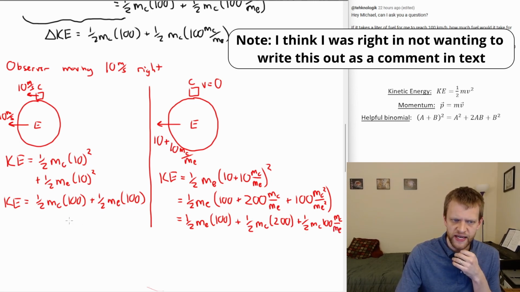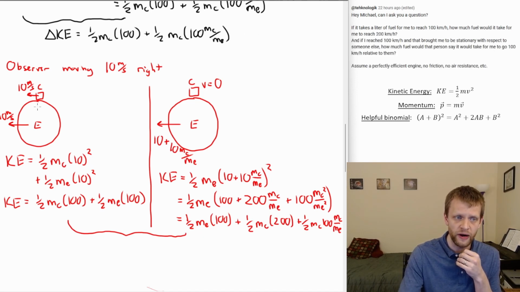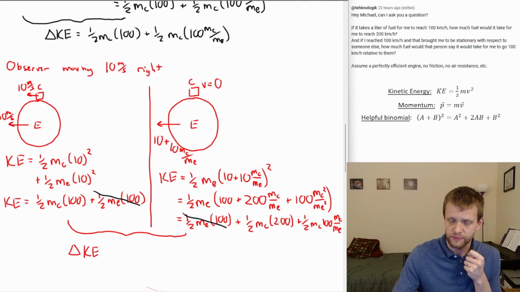So if I take the difference between these two, because again, I want to figure out what is the change in kinetic energy that we had, I'm doing this final kinetic energy minus the initial kinetic energy. Notice both have this 1/2 mass of the Earth times 100, so those terms cancel out. I've got a 1/2 mass of the car times 100 here, and here I have 1/2 mass of the car times 200.